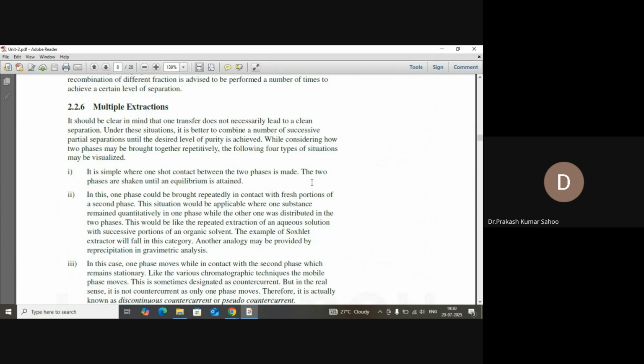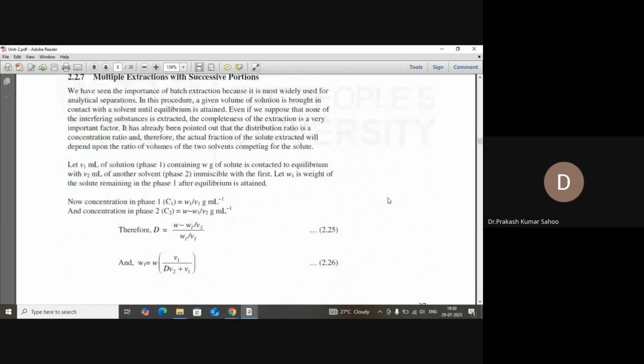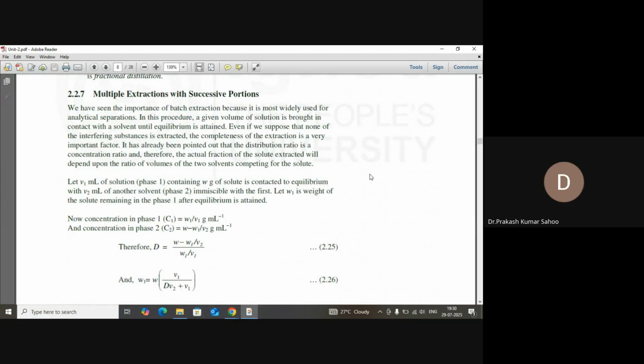Maybe some impure particles still remain. To separate out the impurities, a second, third, fourth time separation may be carried out. So this is known as multiple separation, multiple extraction. Multiple extraction is successive portions.